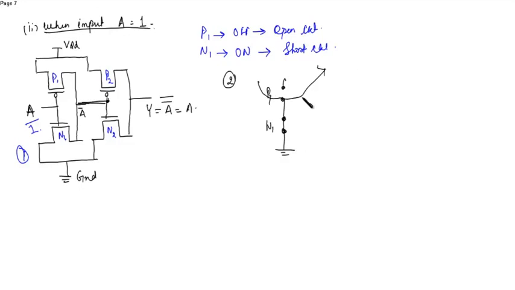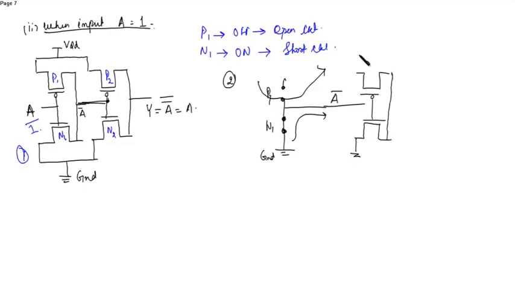Since P1 is open, it gets cut off, and the obtained output A bar will be 0. This 0 is given to the second input, where this is P2 and N2.